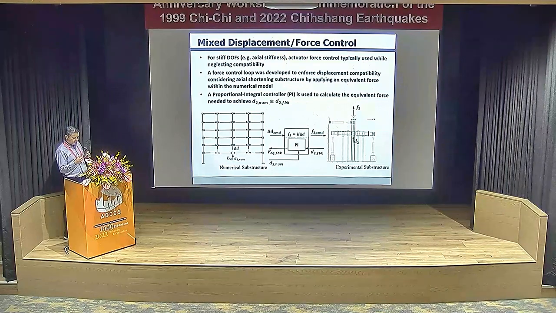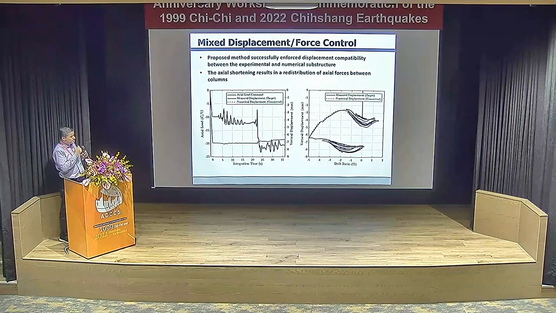We would apply the force on the column and measure the shortening in the column that we're expecting, and then apply an equivalent force on the numerical model to try to match that displacement. To get it to match, there are probably different algorithms we could use. We used a PI controller to try to match that displacement. And for this load test, it worked really well. If we wanted to do real time, we might have to look at other options later on. But this method turned out to work really well.